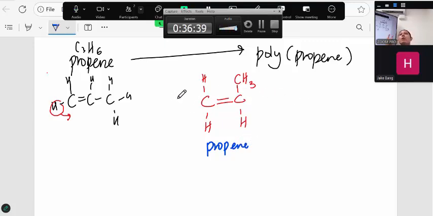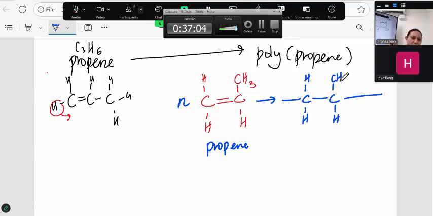So, what is the alphabet in mathematics that means a lot? A certain number. N. Okay? So many of the propene joined together. This is polypropene. Do you understand?